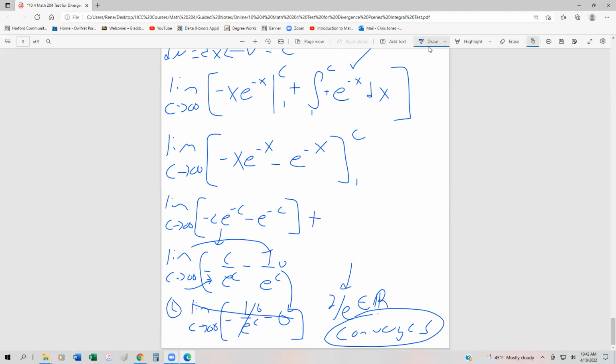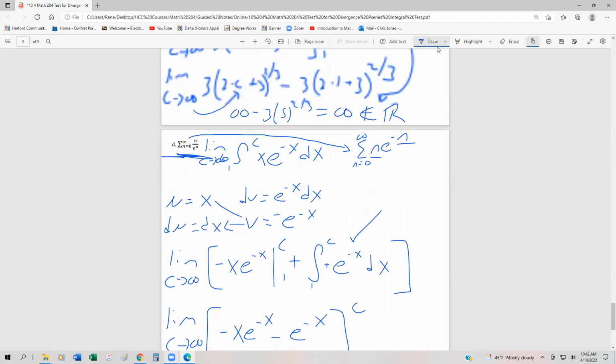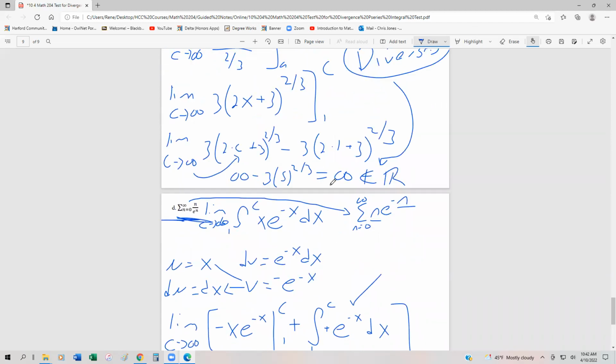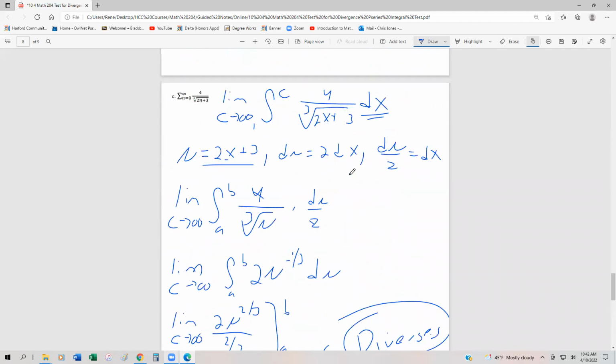So the series n equals 0 to infinity of n over e to the n does not add up to that 2 over e. And similarly up here, it doesn't add up to infinity because it can't.